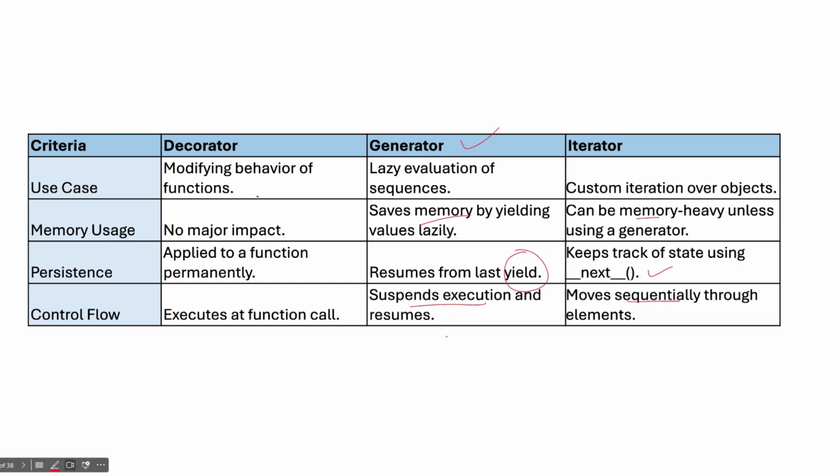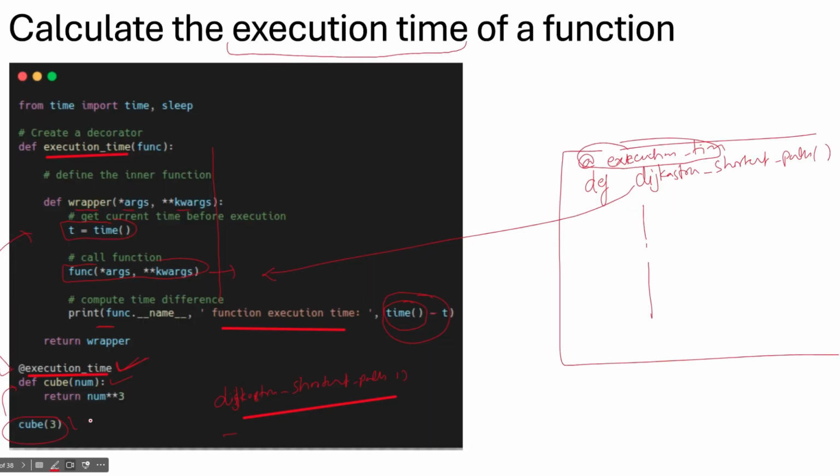Now see the decorator: it modifies the existing behavior. No major impact, memory doesn't impact much. It is applied to a function permanently. Whenever you call the function, it will always call the decorator. Control flow executes at function call. Wherever you call this function, it will execute that decorator.